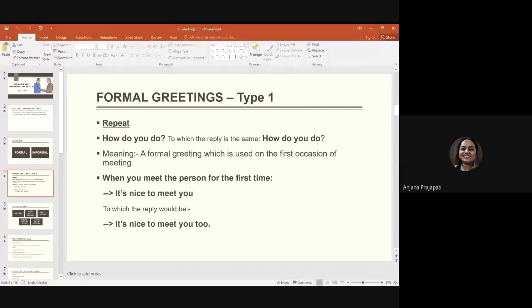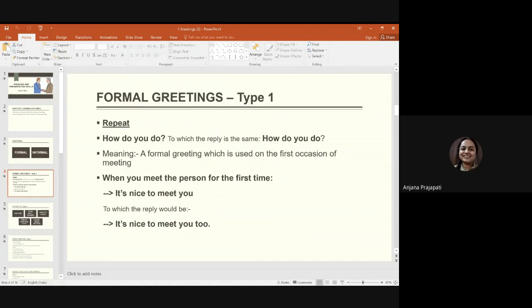Now see when to use it. You can use "How do you do?" as a formal greeting on the first occasion of meeting, when you meet somebody for the first time. "Nice to meet you" is said at the end of the meeting. You understand? For example, I am meeting somebody for the first time. I will say, "How do you do?"